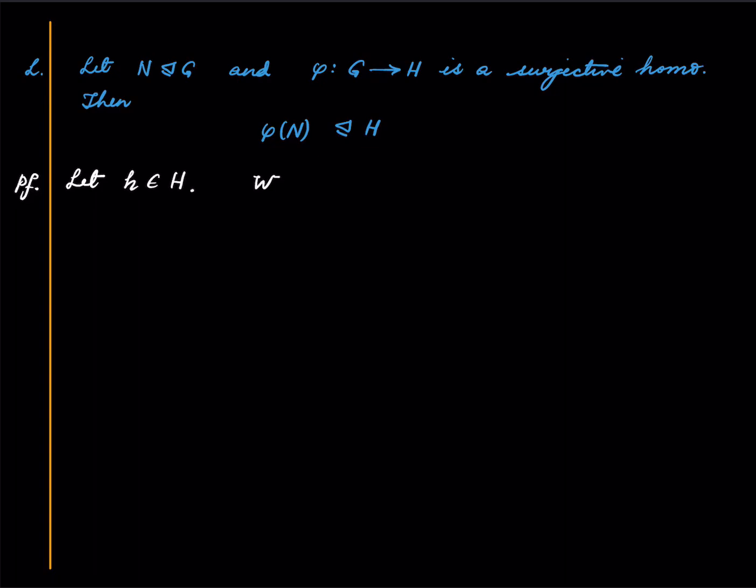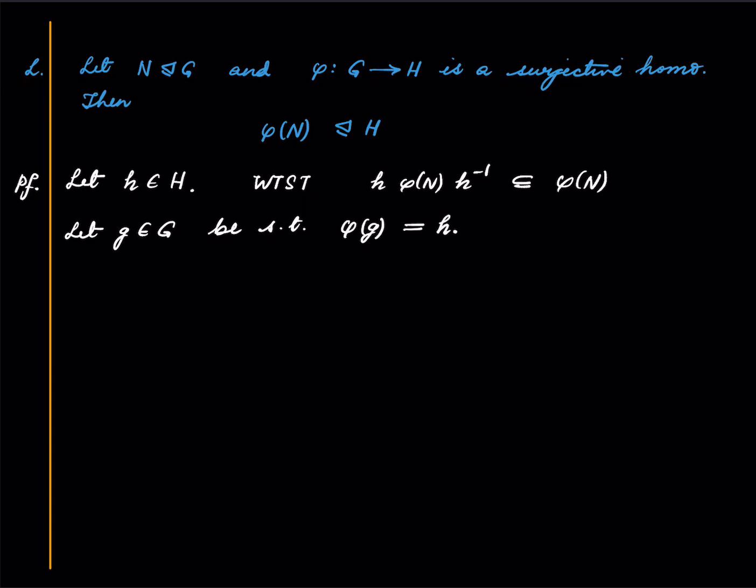We want to show that h phi(N) h inverse is contained in phi(N). Right, this is what we want to do. So by surjectivity of phi, we can find a little g such that phi(g) is equal to h. And now we have g N g inverse is actually equal to N because N is normal.